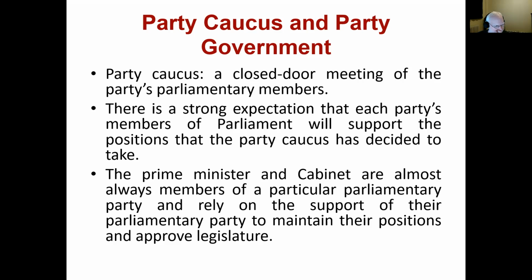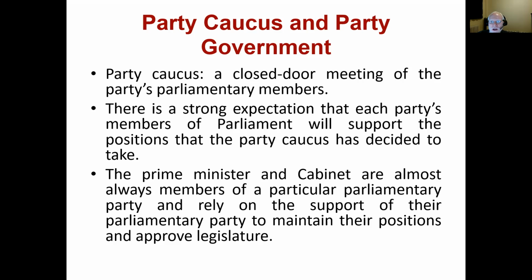But all those who are members of Parliament, who at that time are members of a particular political party, will be part of that caucus, and a part of that will include participating in meetings where policy discussions and strategy discussions take place. There's a strong expectation that each party's members of parliament will support the position that the party caucus has decided to take.